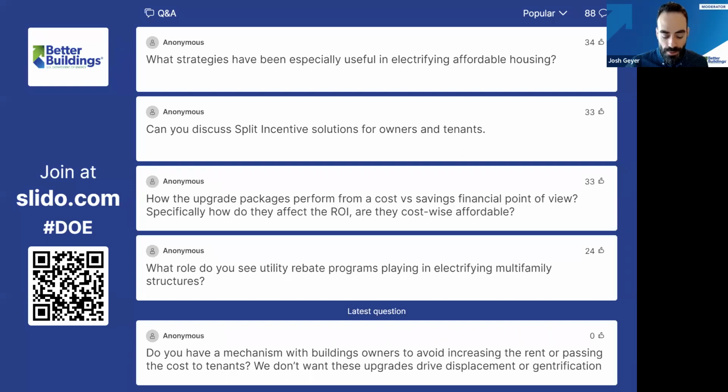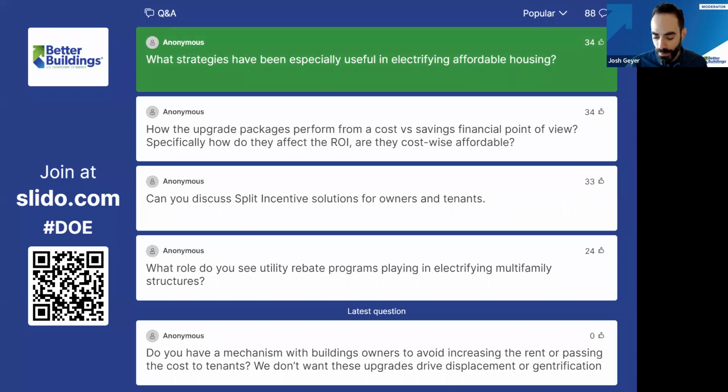Yeah, I think multifamily housing, from what I know, is always very complicated. It's especially complicated because of the level of heterogeneity in the buildings themselves and the building systems. So it's always going to be more challenging for multifamily.